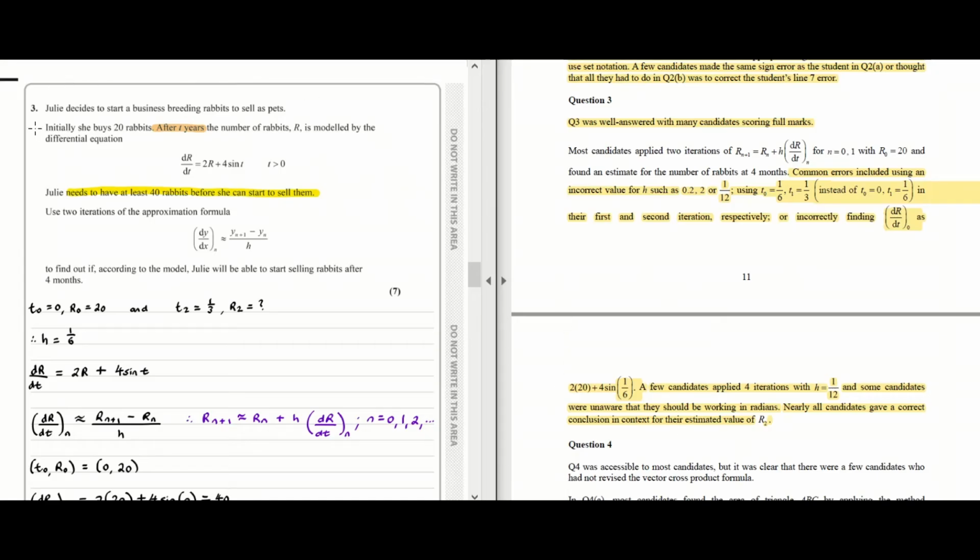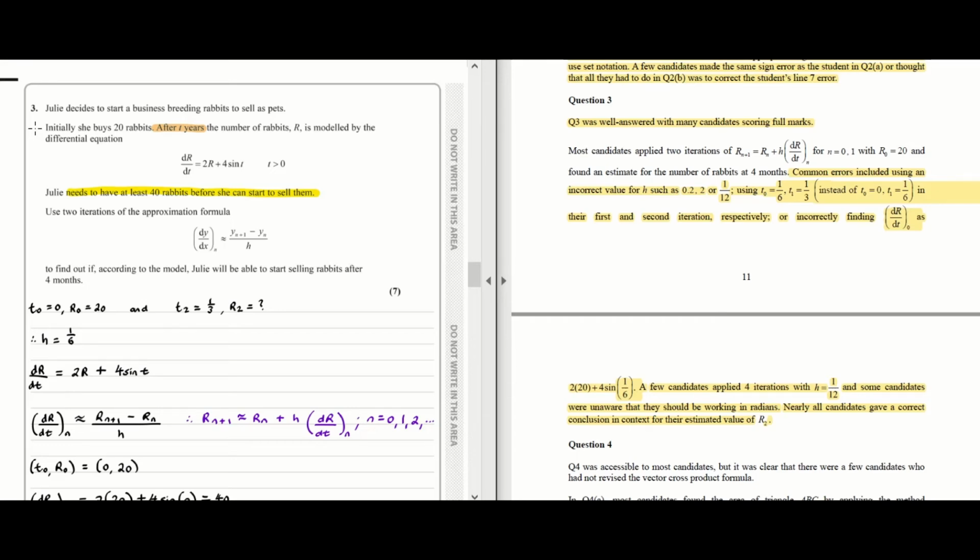Question 3 was concerning using an approximation to solve a differential equation. Most candidates applied the 2 iterations of the correct formula very well, which is good, with R0 equalling 20. There were common errors, and one of the common errors was finding the value of h.